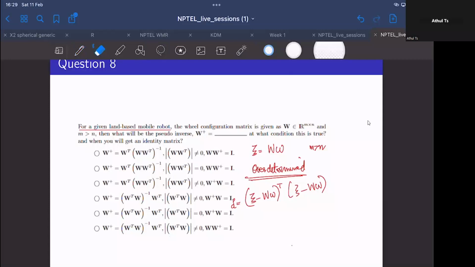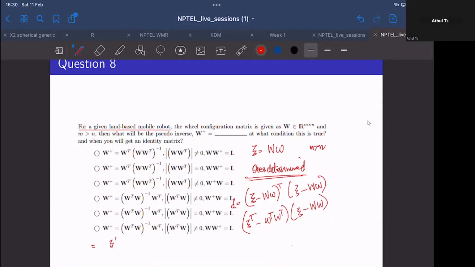So if we simply multiply this out, what will we get? Zeta transpose minus omega transpose W transpose, times zeta minus W omega. If we multiply this out, we'll get zeta transpose zeta minus zeta transpose W omega minus omega transpose W transpose zeta plus omega transpose W transpose W omega.